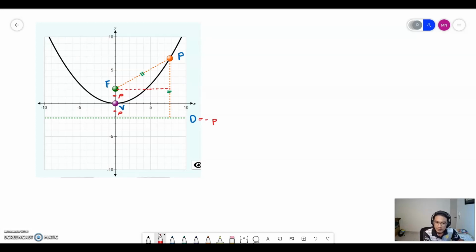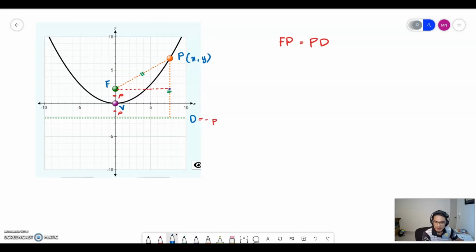So we know that FP will be equal to PD. Now let's label the position of point P as x and y.